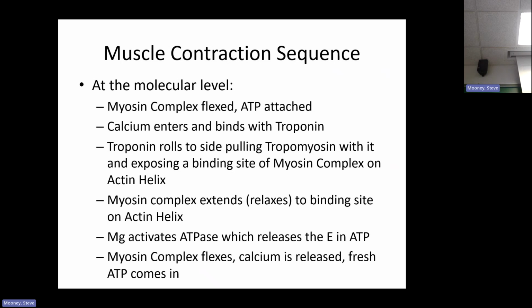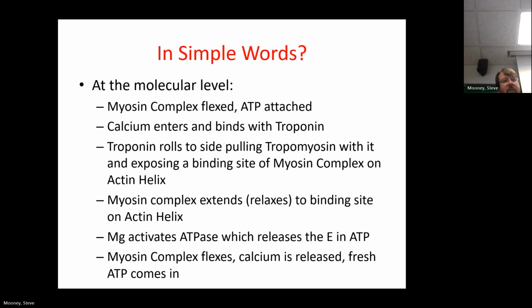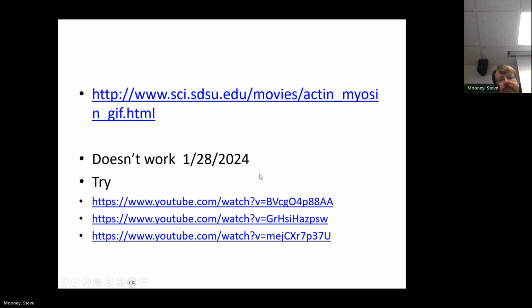So that head is going to reach out, attach, flex. So if we start to pull, and have clicked the link.